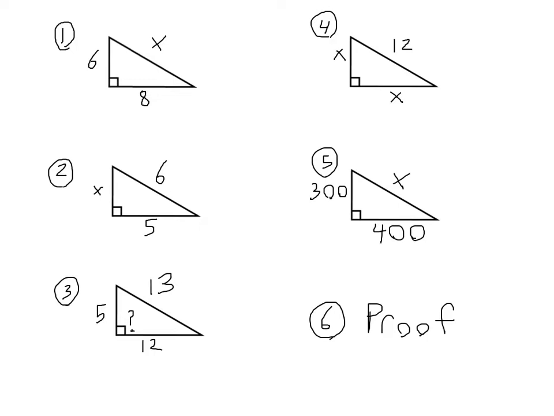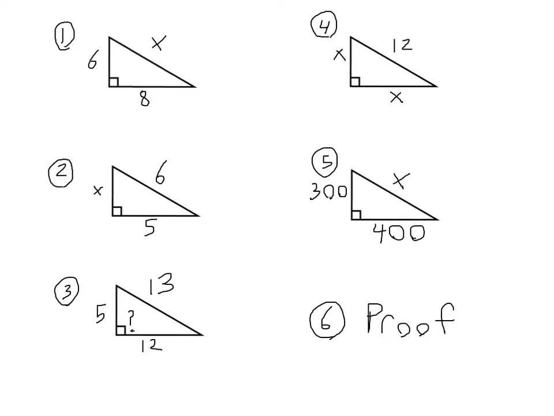Number 4 is a little harder. Obviously, it's not drawn to scale because those two x's look like they're different lengths. But this is the question where you're given just the hypotenuse and told the two legs are the same length, and you're asked to find that. And then 5 is an interesting one. It is when you are given very large numbers.